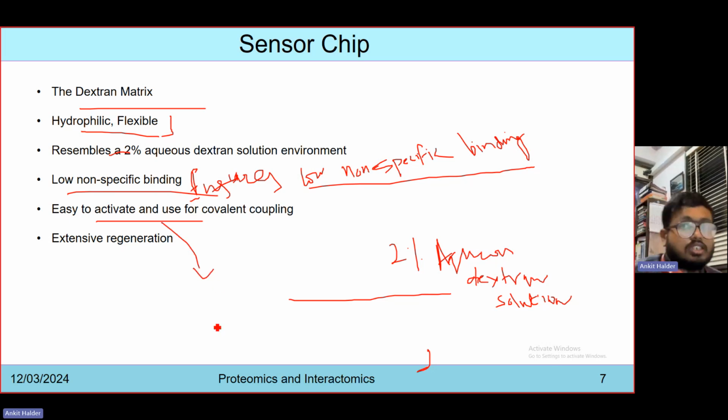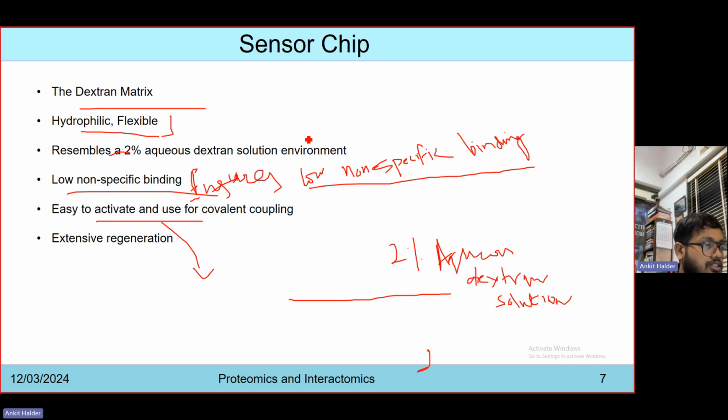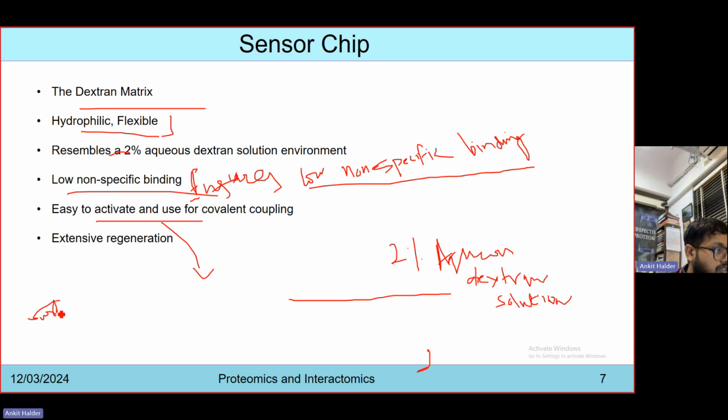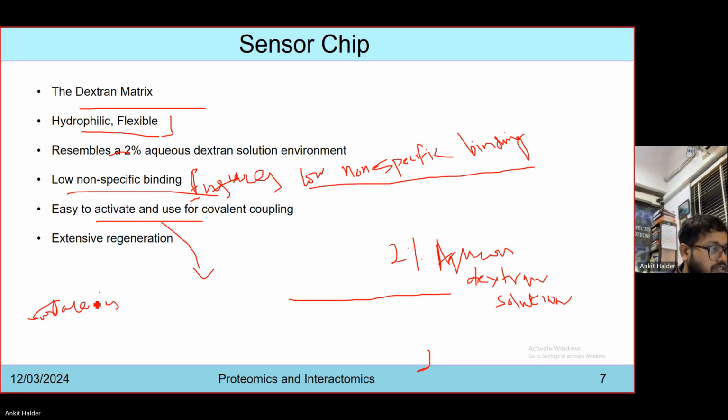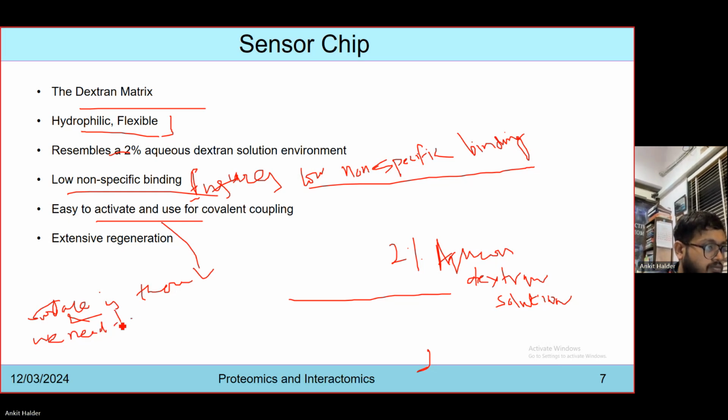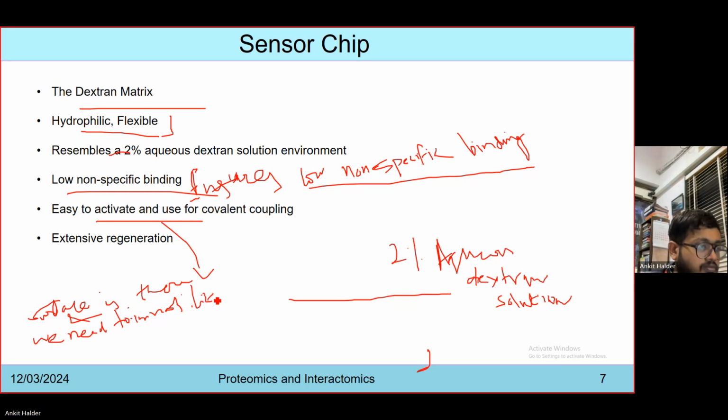Whenever any kind of surface is there and we need to immobilize ligands, we need to activate the surface as well.